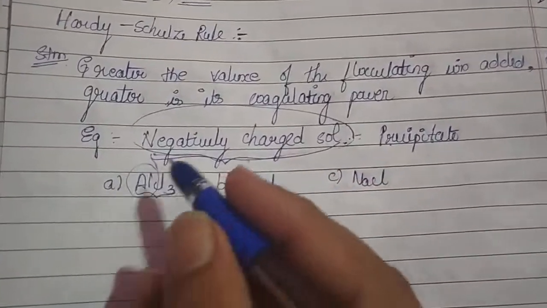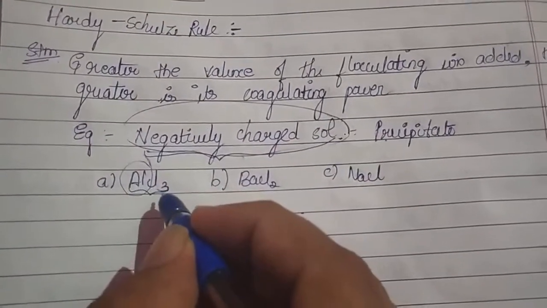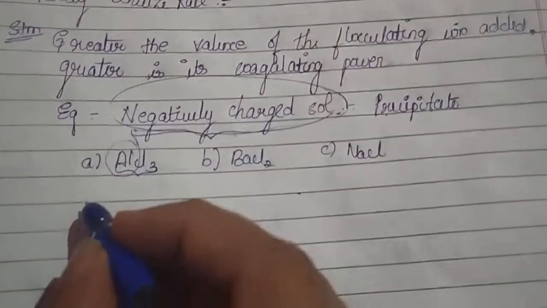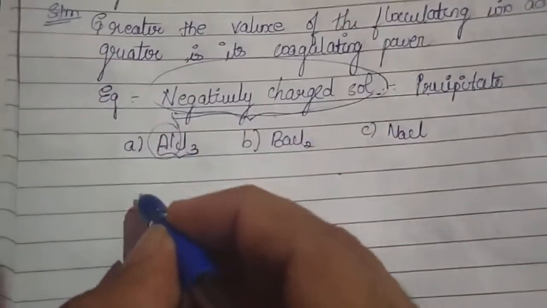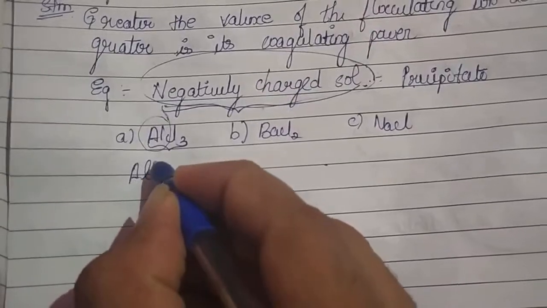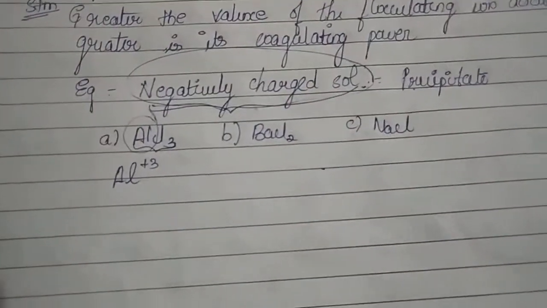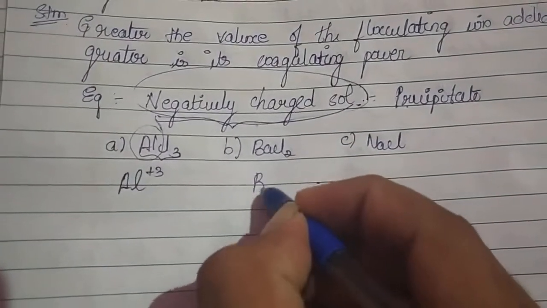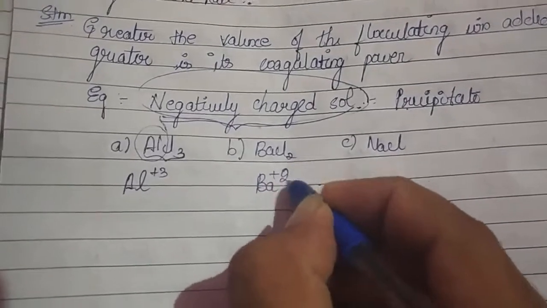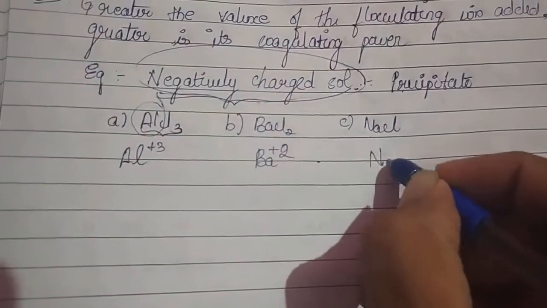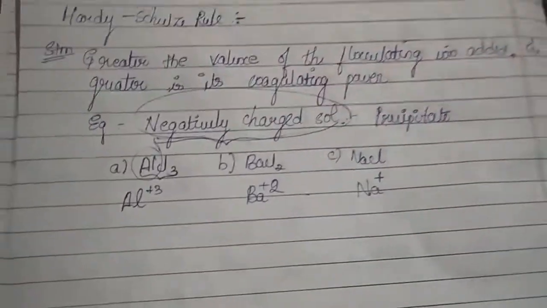Of course, the metal, which is electropositive. But the most important thing is its valency. Here it will be Al3+, whereas for BaCl2 it will be Ba2+, and in sodium chloride it will be Na+.